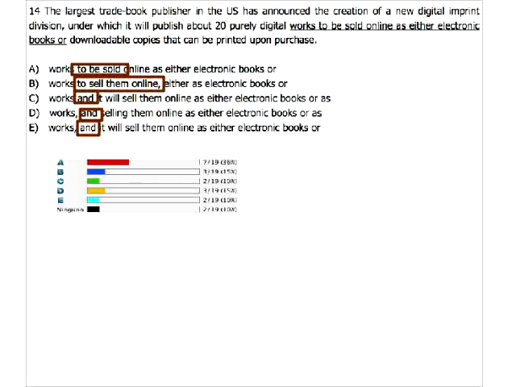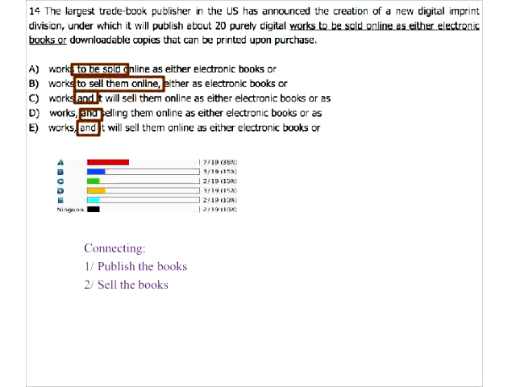The meaning of the sentence here: we have two things that we're connecting. Number one, it will publish the books. And then number two, sell the books.